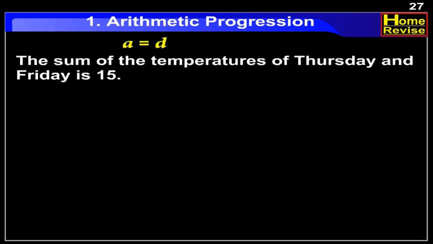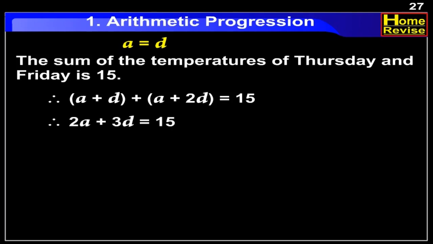Now, the sum of the temperatures of Thursday and Friday is 15. Therefore, a plus d plus a plus 2d is equal to 15. Therefore, 2a plus 3d is equal to 15. But we know that a is equal to d.